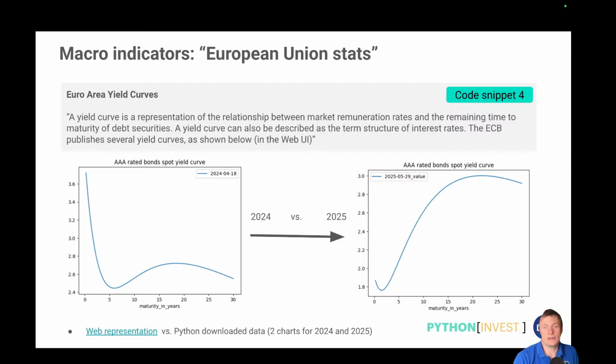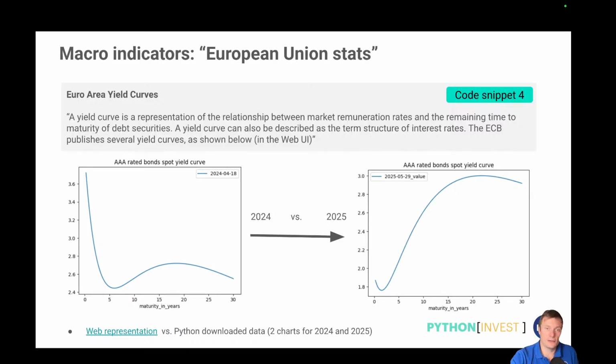This is a similar example for the European Union, and you may see in the code snippet how you want to work with this data set. It has many other metrics.